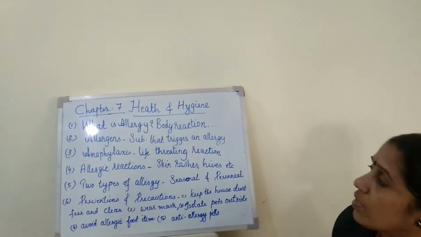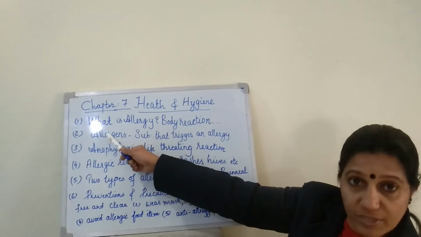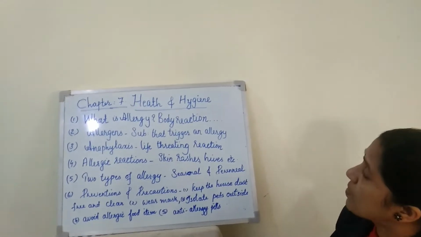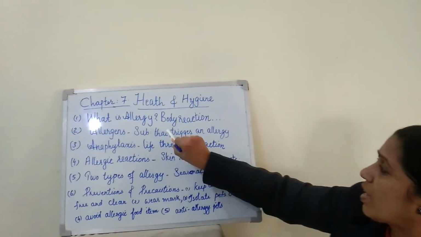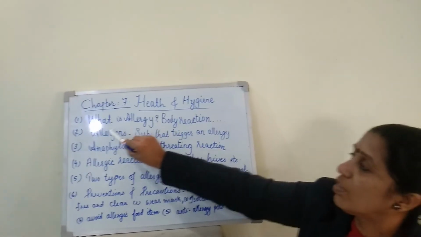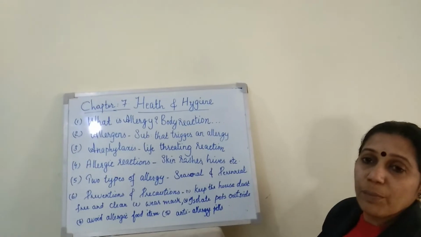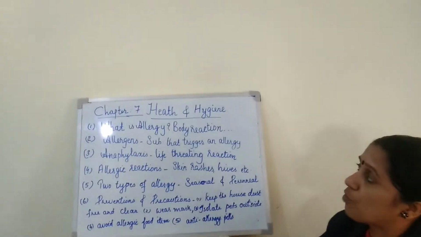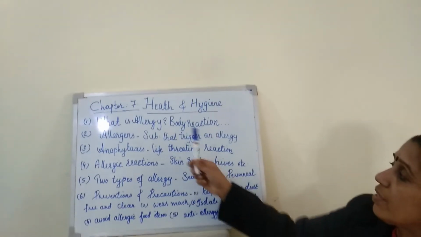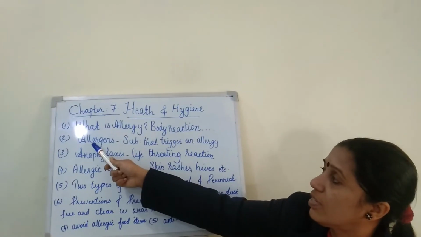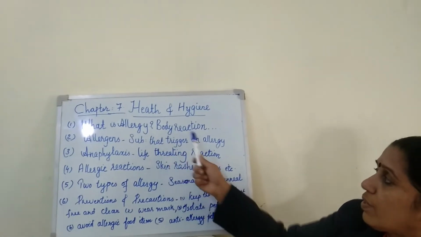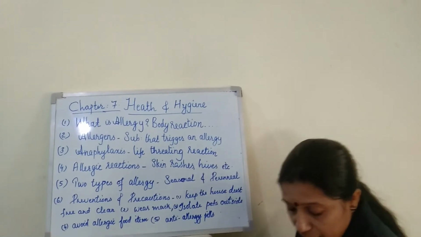So look at that. The next point is allergens. Allergens means the substances that trigger an allergy. We know that many people suffer from different kinds of allergies, and the reason for that allergy is the allergens, the substances that trigger an allergy in a person.